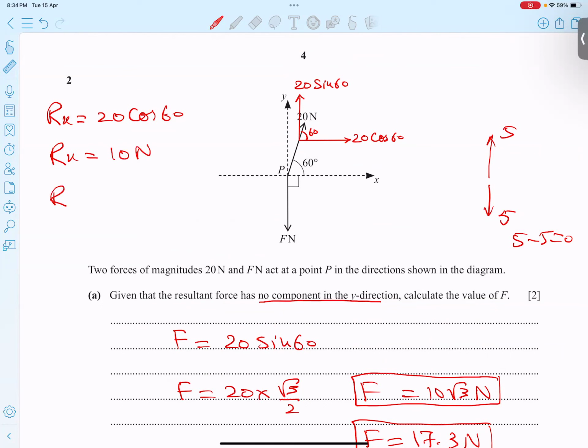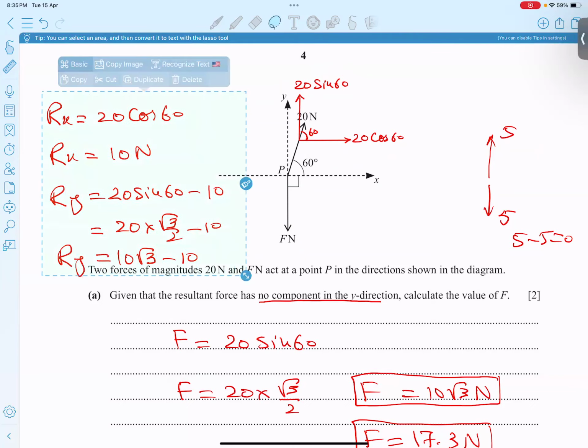Let's talk about Ry. So this minus this. So 20 sine 60 minus 10, because this I got it 10 according to the situation. So 20 times root 3 over 2 minus 10. And I got 10 root 3 minus 10 is Ry.